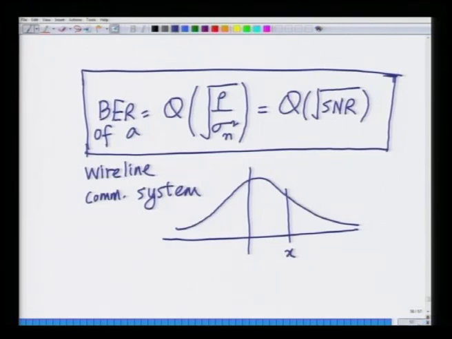Let me do a brief example to illustrate to you how to compute the bit error rate of a wireline communication system.